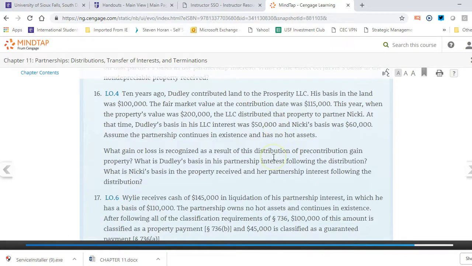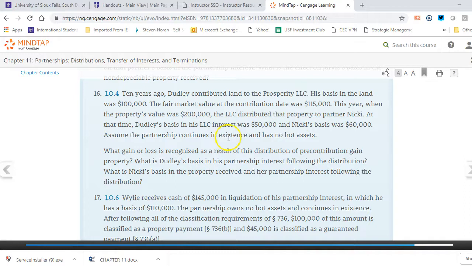Question 16. 10 years ago, so obviously past 7 years, Dudley contributed land to the Prosperity LLC. His basis in the land was 100, and the fair market value at the contribution date was 115. This year, when the property's value was 200, the LLC distributed the property to partner Nikki. At the same time, Dudley's basis in his LLC interest was 50, and Nikki's basis was 60.